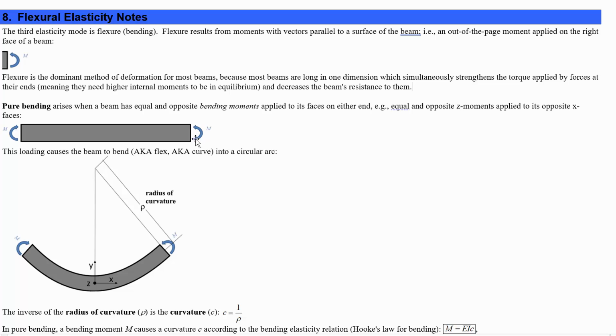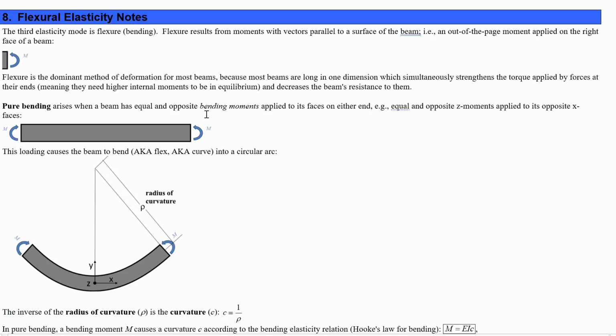They're going to need to be responded to with higher internal bending moments. So being long in one dimension compared to the other two means that you have higher internal bending moments needed to respond to those forces perpendicular to the length direction.